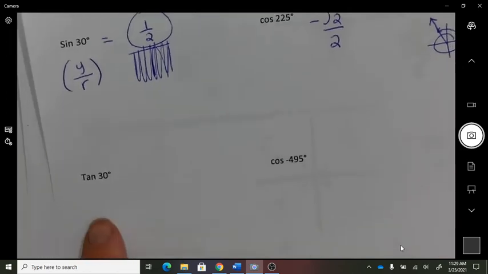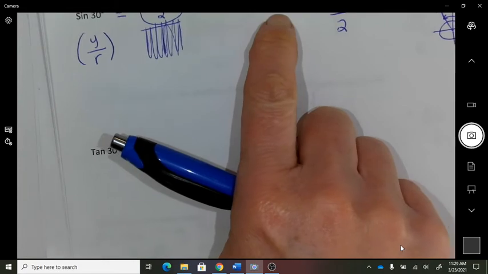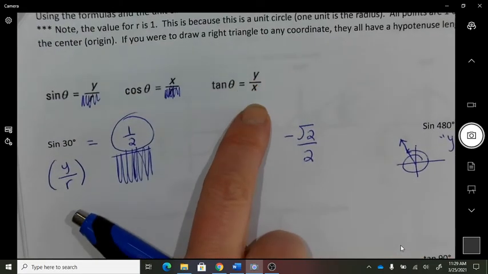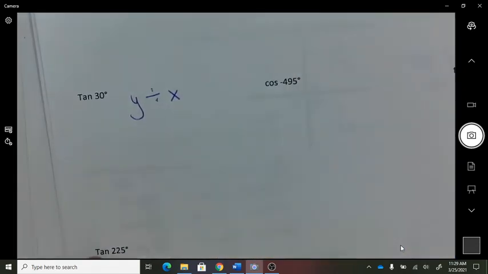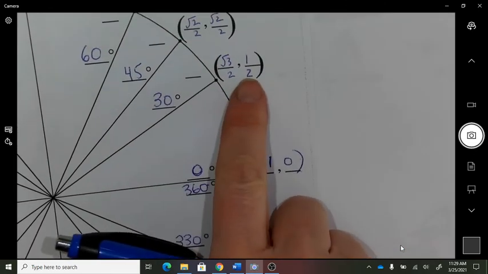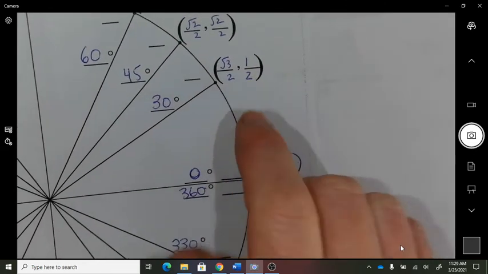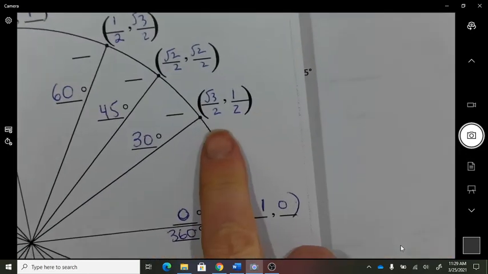Okay, the tan. So the tan is telling me this in the formula. Take the y divided by the x. So I'm going to actually write it out like this instead of a fraction. Okay, so I'm going to go to 30 degrees. I'm going to grab the y, so that's 1/2, and divide it by the x.